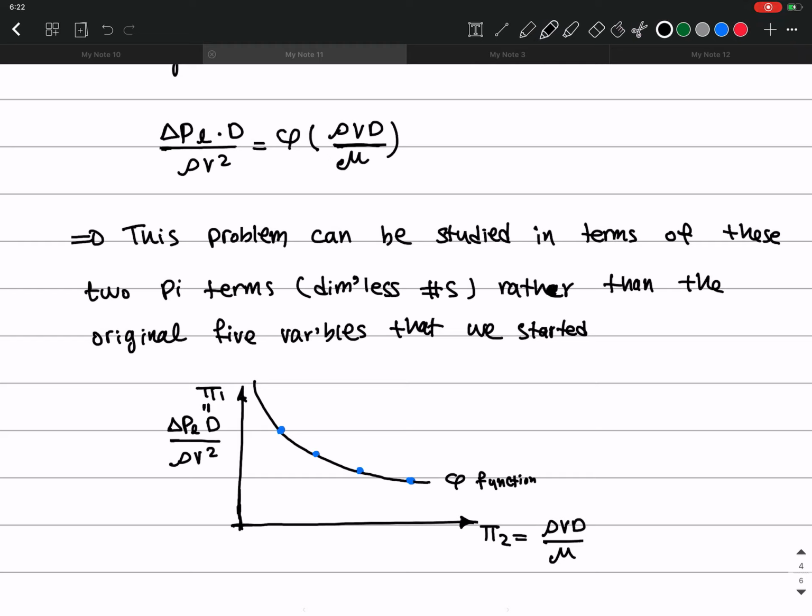And so we have reduced all that difficult problem, by using this dimensional analysis, into this simple graph, where we can actually measure in a lab and find the important variable.